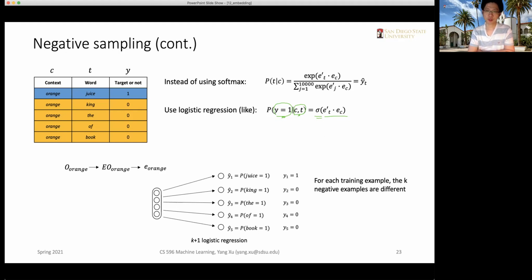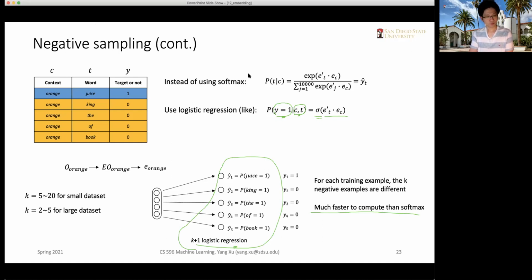So for each training example, the K negative examples are different. They are just randomly chosen, right? But also according to some strategies. Anyway, it's much faster because we're just using these K logistic regressions. It's much faster to compute than the softmax, right?